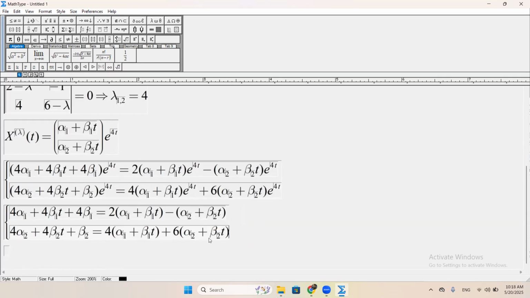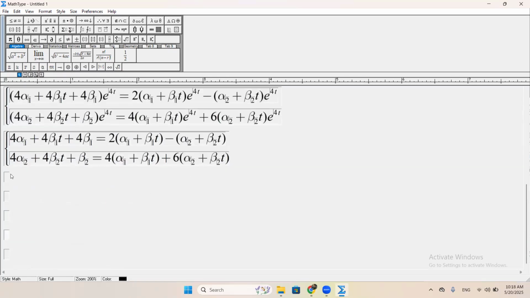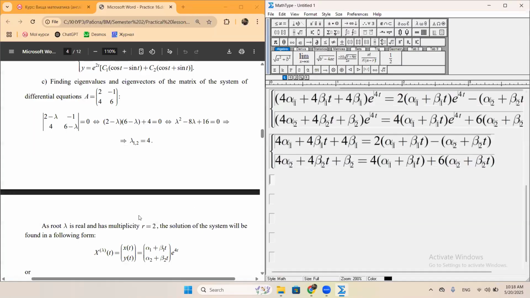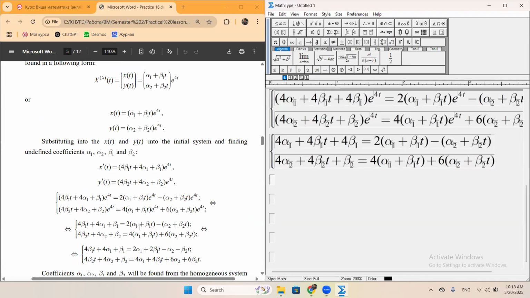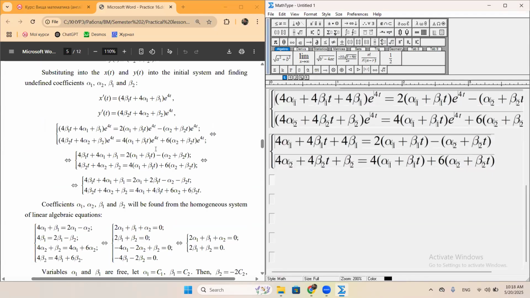So we received such a system. Again, we will regroup the coefficients, doing the stuff that you already know, and we will skip these steps. We will just check if it corresponds to the system that is here, so that it is the same.